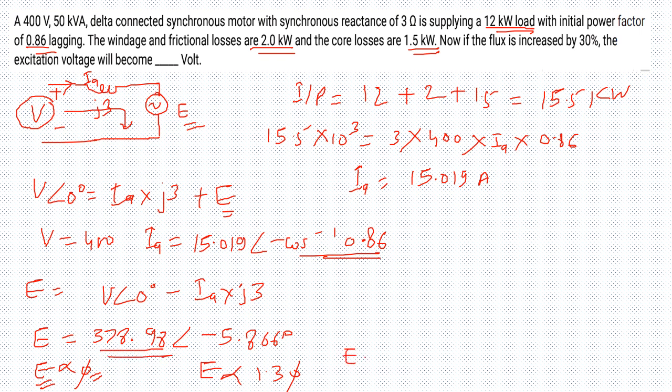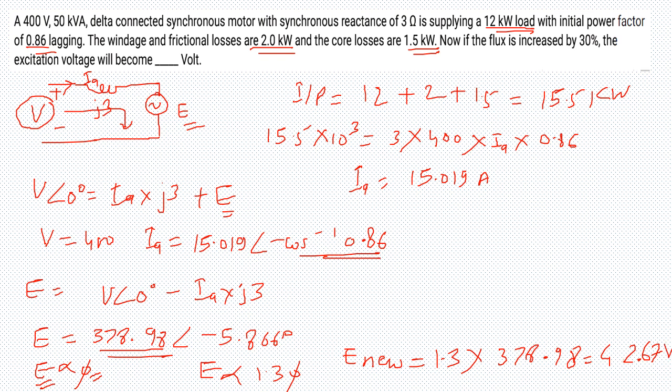So E new will be 1.3 times 378.98, and this comes out to be 492.67. So this is the answer to this question.